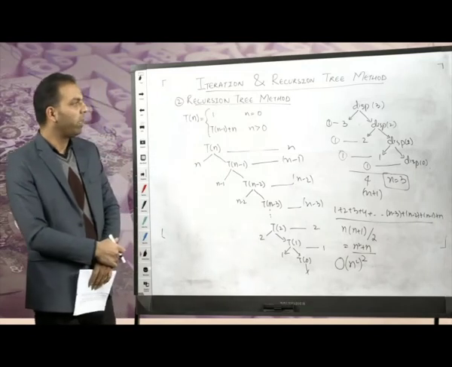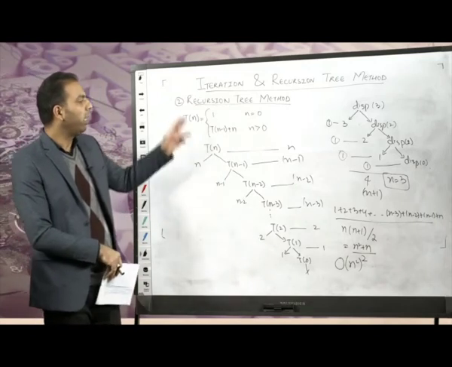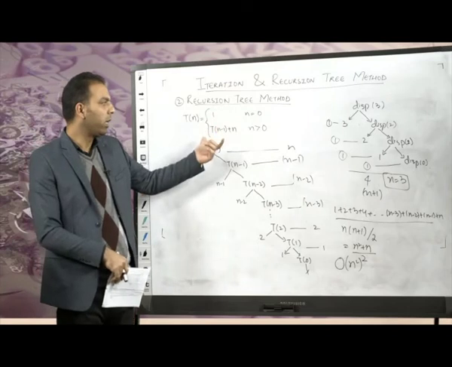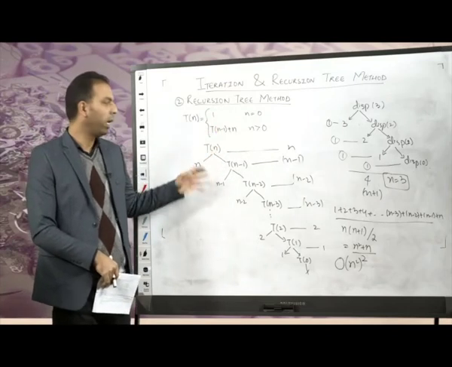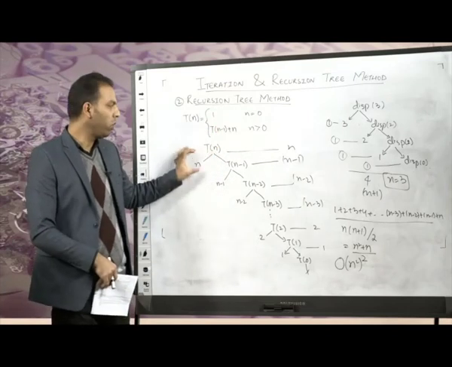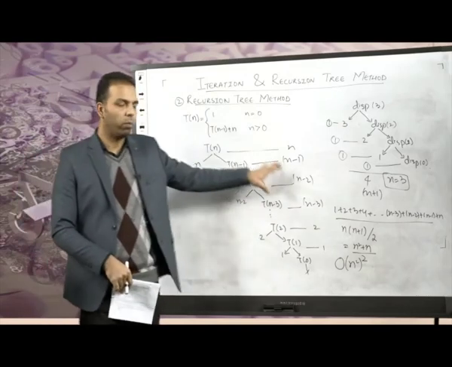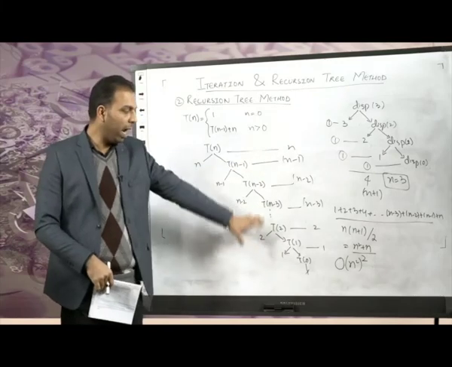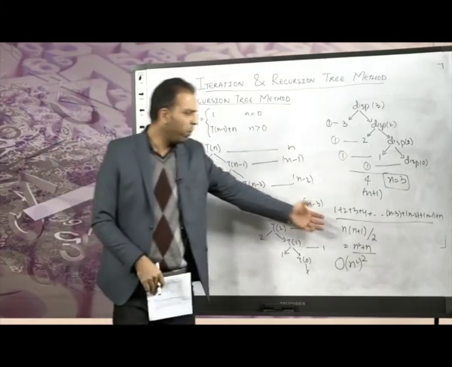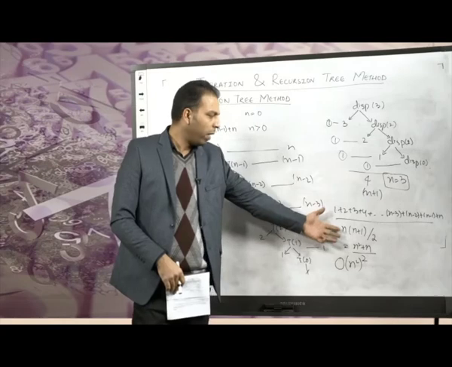In recursion tree method, what we do is that we take your recurrence and we represent it in the form of a tree, where each node represents a sub-problem. Then we see the time taken for each sub-problem and we simply add it up. Once we add it up, we might need to do a little maths here and we will get an equation.